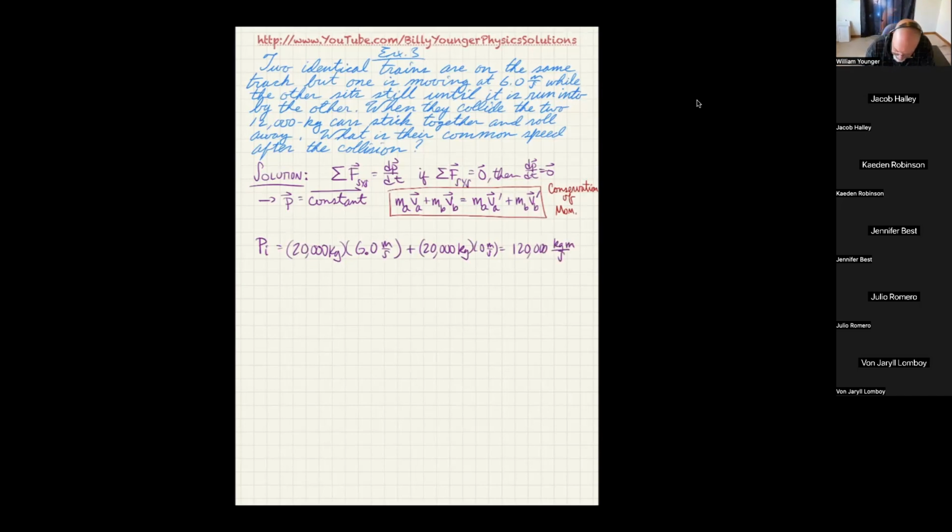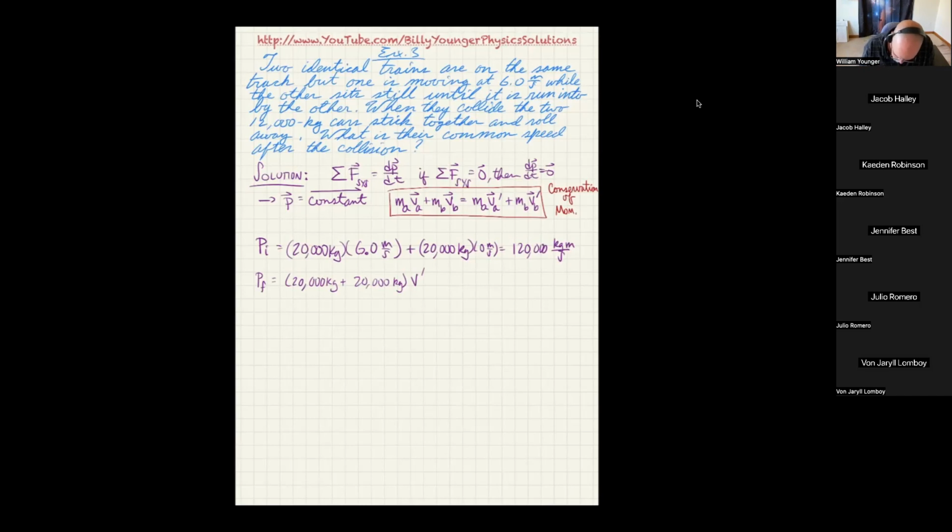Okay. Now, P final, again, using an uppercase, P final has the two stuck together so that their mass is 20,000 kilograms plus 20,000 kilograms like that times V prime. Notice I didn't label it VA or VB. I just labeled it V prime because, in fact, A and B are stuck together, so they're all the same velocity.